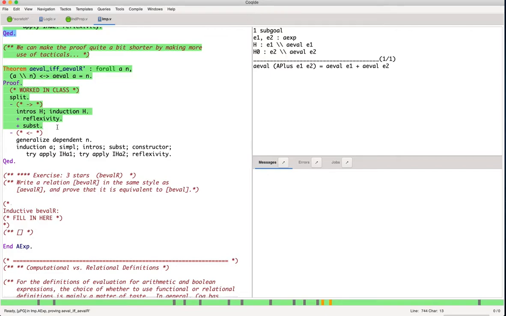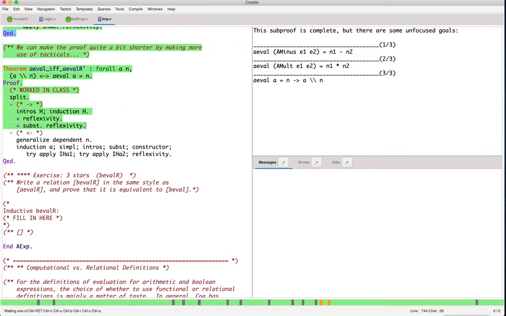And then the simplification here gives us the answer, so reflexivity is going to do it. Because that is going to work for all of the next 3 cases, we can combine it all together.